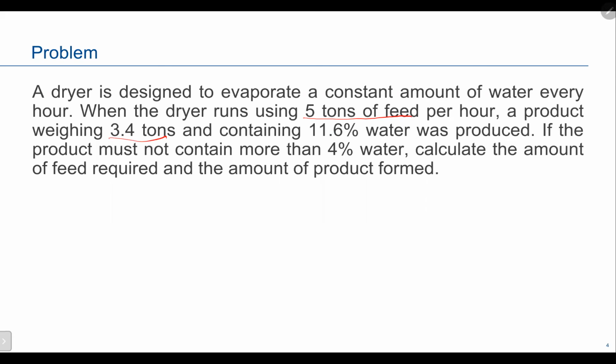And that product contains 11.6% water. In the second case, ang kailangan natin, yung product daw, 4% lang or less yung water content niya. So kapag yan yung kailangan natin mangyari, ano dapat yung proper amount ni feed doon sa ating dryer? And let's calculate also the amount of product formed. Okay? So let's answer this one.